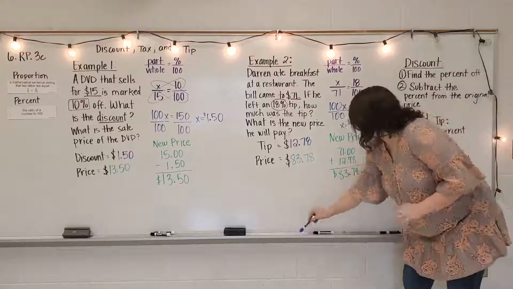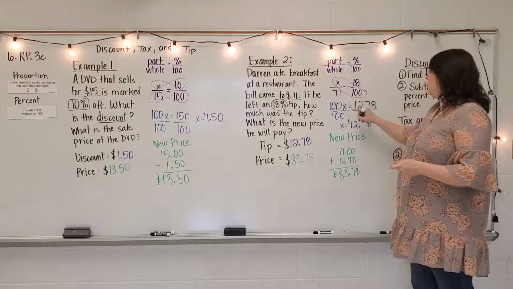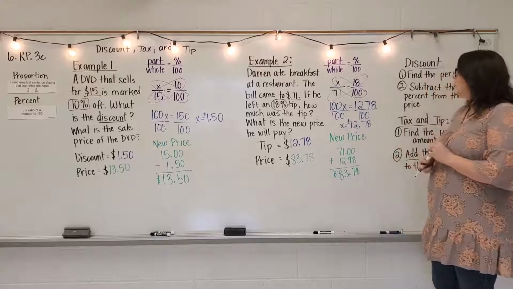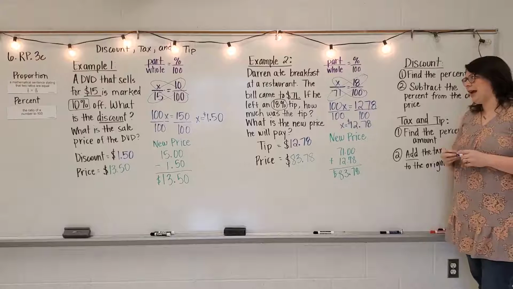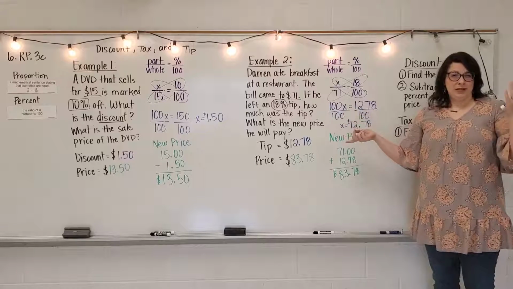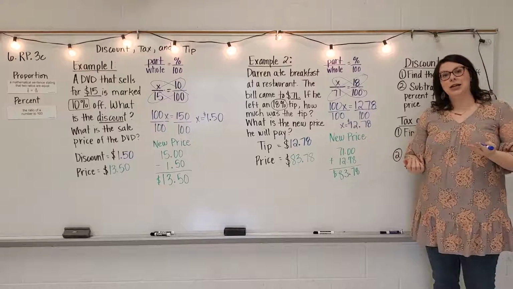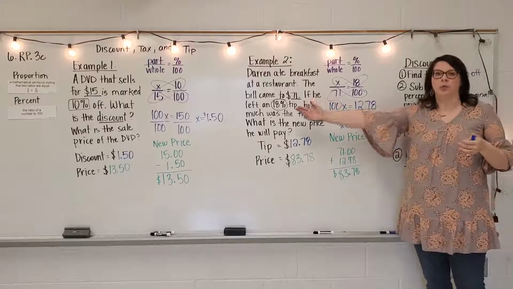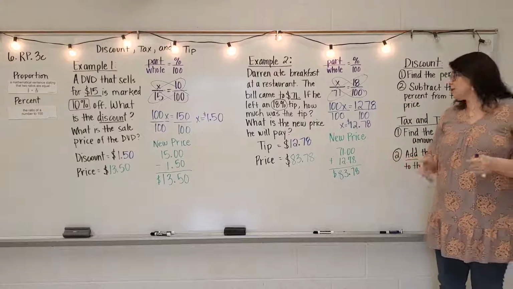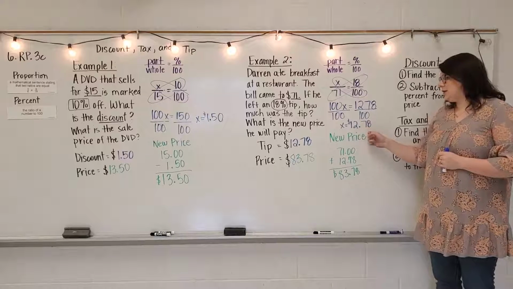So I have 100 times x, which is 100x, and 71 times 18 is 1,278. Now, I'm going to use the inverse operation to solve for x, so I'm going to divide by 100, and again, that same rule applies when we divide by a power of 10, we move that decimal to the left, and now we get $12.78.